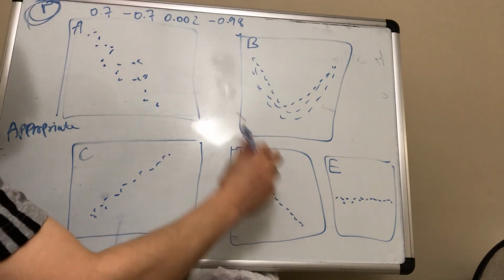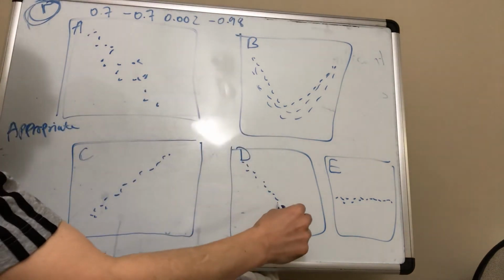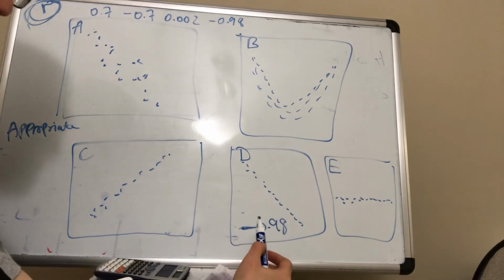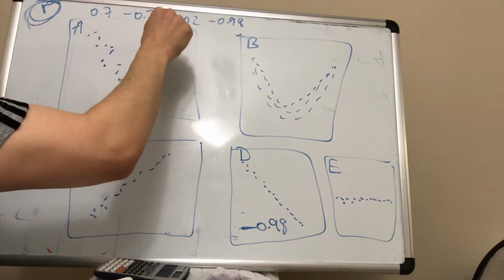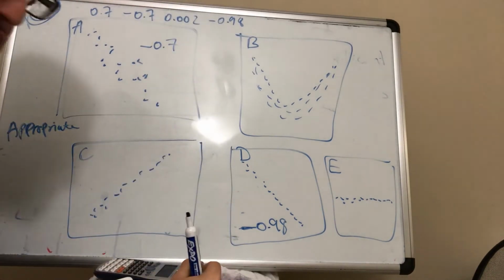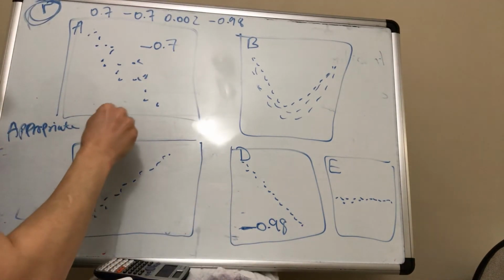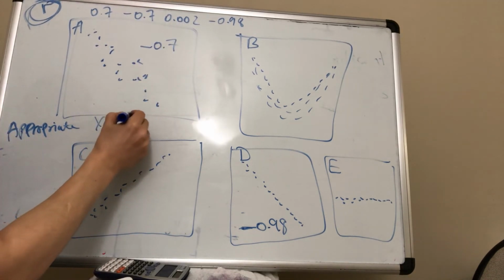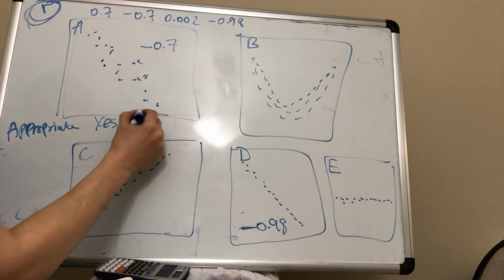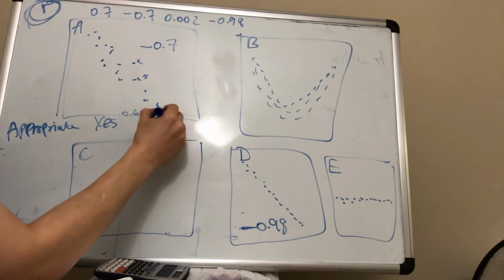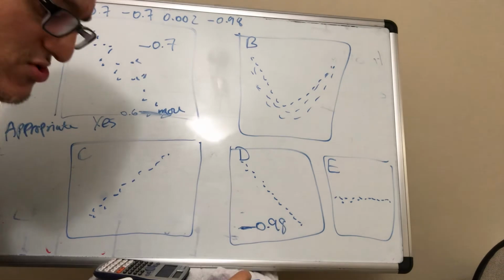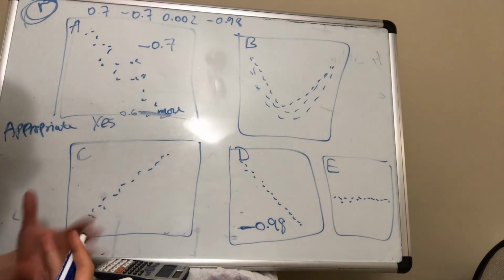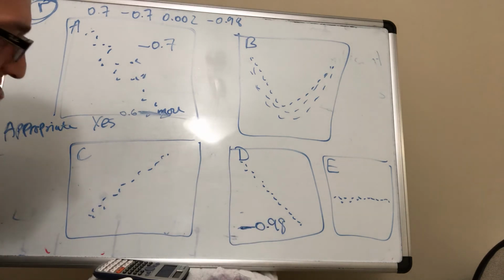So this one is a very good negative correlation. So this one would be the minus 0.98. This one would be negative, but somehow good, but still appropriate. Anytime your R value is 0.6 or above, we consider this to be appropriate. Sometimes they even go down to 0.5 and say 0.5 or more is also appropriate.